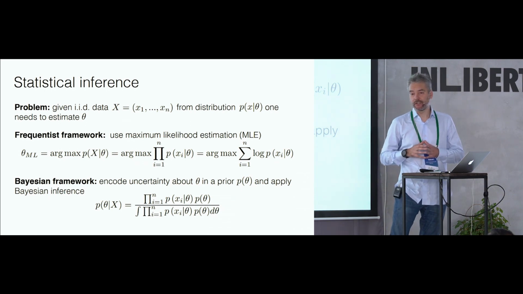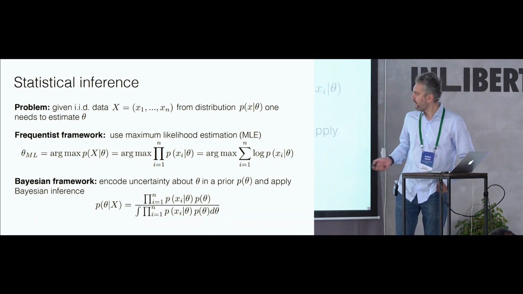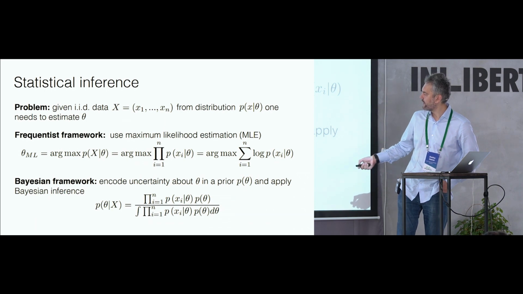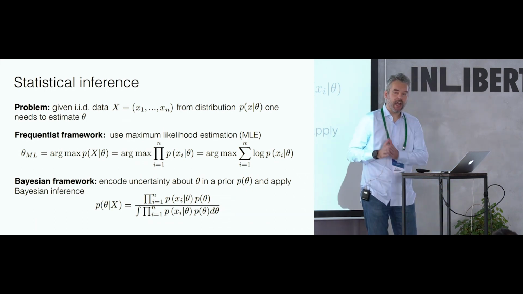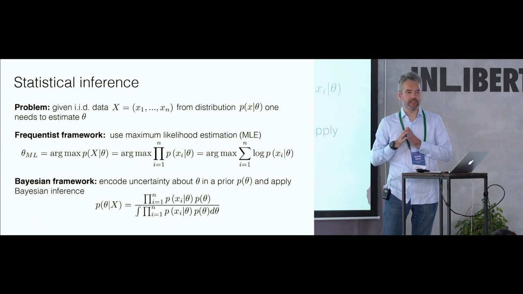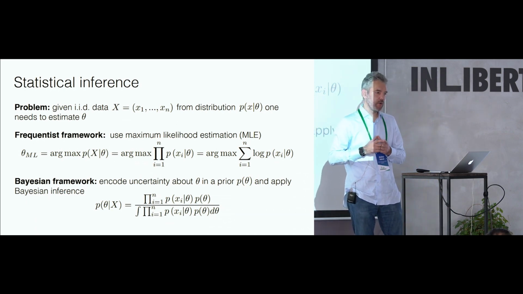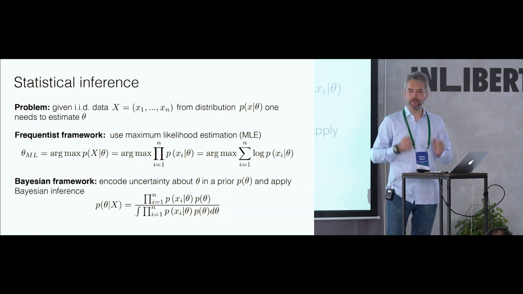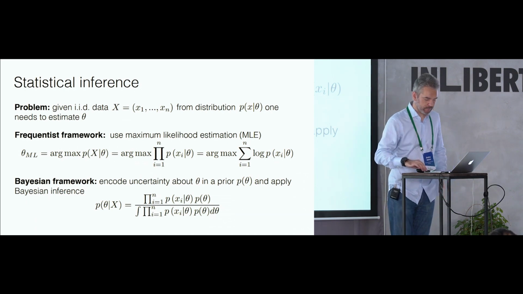And surprisingly, in many cases in practice, this can be done in a very natural way. So it's not a restriction. Then we apply Bayes theorem and end up with a posterior distribution. What's important here? Unlike the Frequentist framework, instead of obtaining just a point estimate of theta, the result of our inference is a distribution.